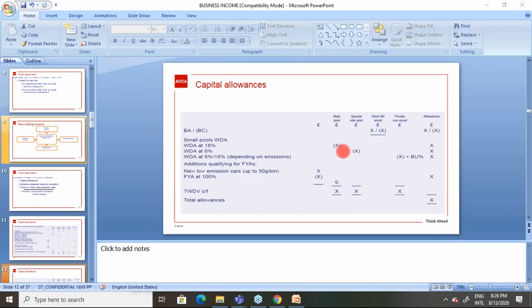So no point of claiming 18%. In that situation, you are permitted to claim the full available balance as written down allowance. We call it small pool WDA. That means the main pool has become small, then you don't have to calculate only 18%. The full amount available in the main pool you can claim as capital allowances. Okay, right.